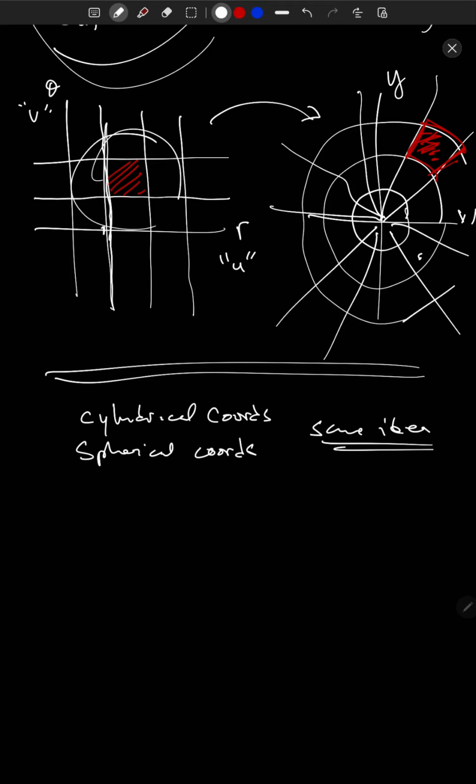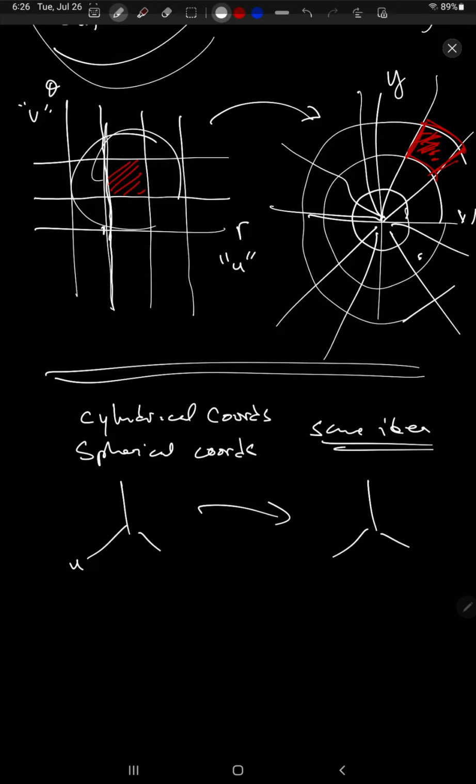So you have 2 copies of space. Maybe here you would call it u, v, and w, and x, y, and z, right? Every point here corresponds to a point there. And again, maybe the region in xyz space, in terms of integration, is too unpleasant, too curvy, and hard to work with.